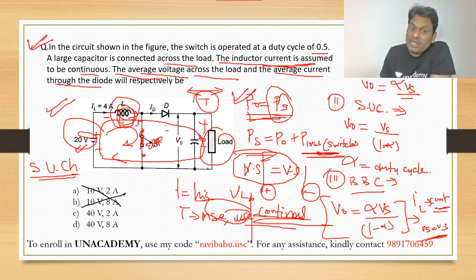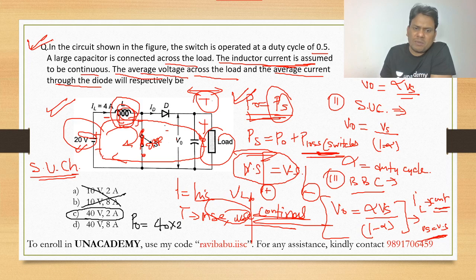In step up, current will be stepped down, so output current will be lower than input current of 4 ampere. So 40 volt and 20 volt will be our final answer. Now what will be the output power?